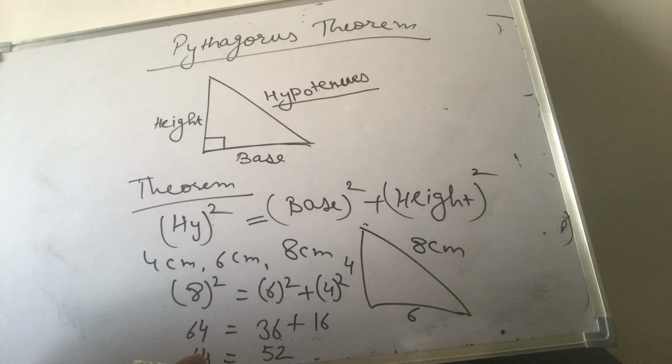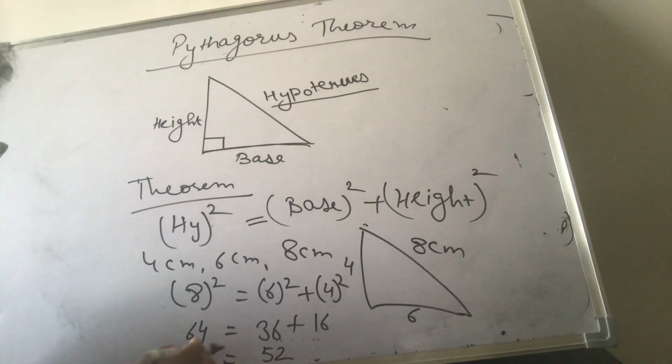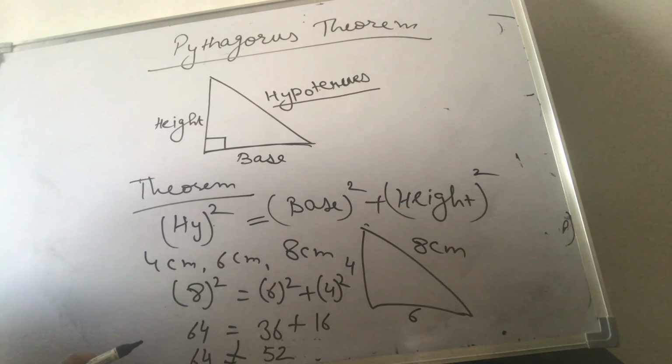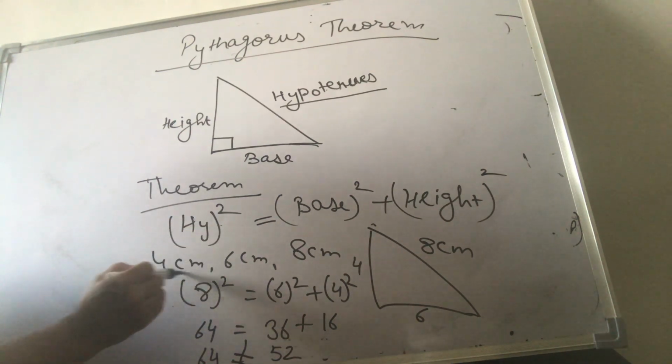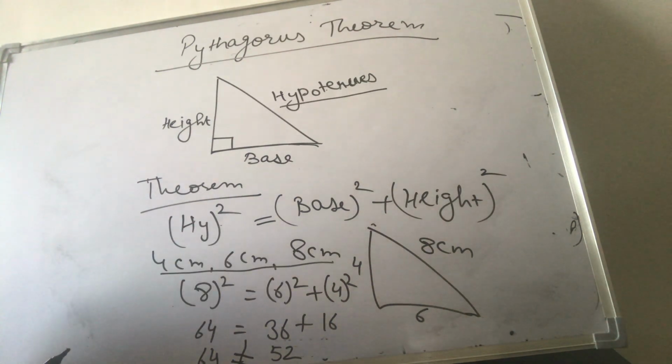Now these two sides are not equal to each other. Left hand side is not equal to right hand side. We will make a not equal sign here and we will write the answer. No, these are not the sides of a right angle triangle. We cannot form the right angle triangle with these three sides 4, 6 and 8.